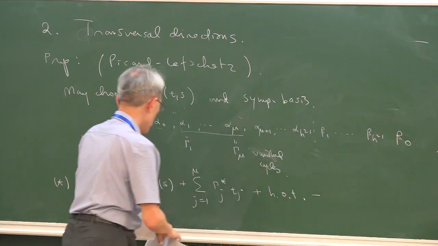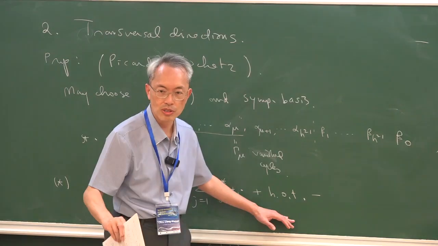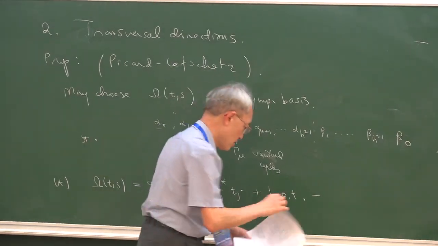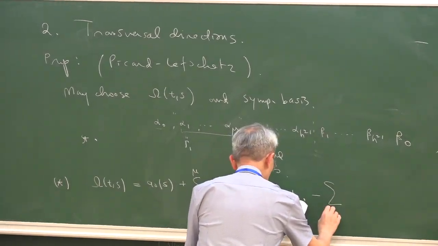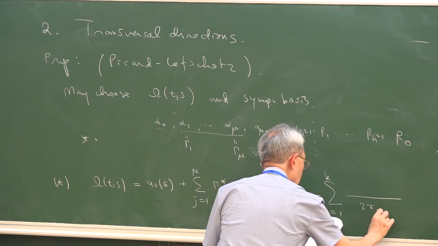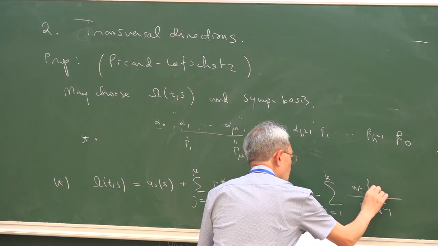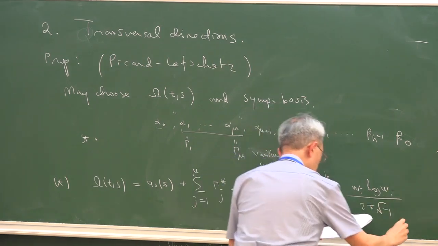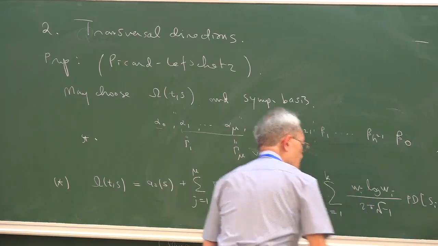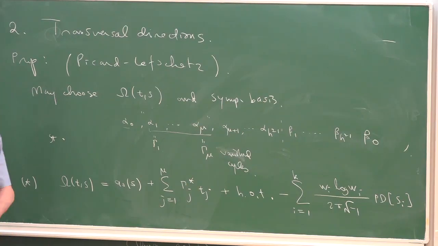And then pi I, then Wi, and log Wi, and Poincare dual of the cycle. Oh, that's the most important character.